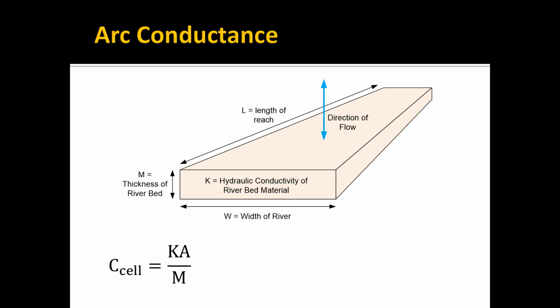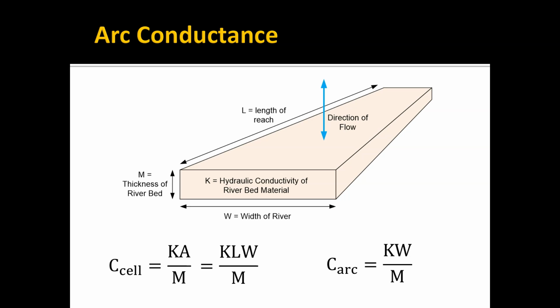The length of flow in this case is the thickness M, because we're flowing vertically, and the area of flow would be L times W. So if you were to calculate the length of that reach inside a cell, this is how you'd calculate the cell-by-cell conductance. However, for an arc, we just factor out that length term, and what we enter is K times W over M.